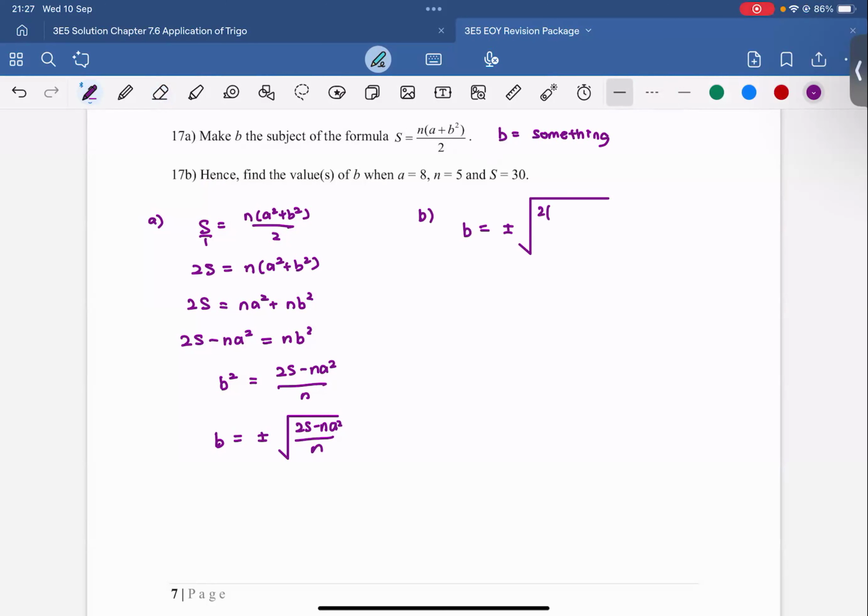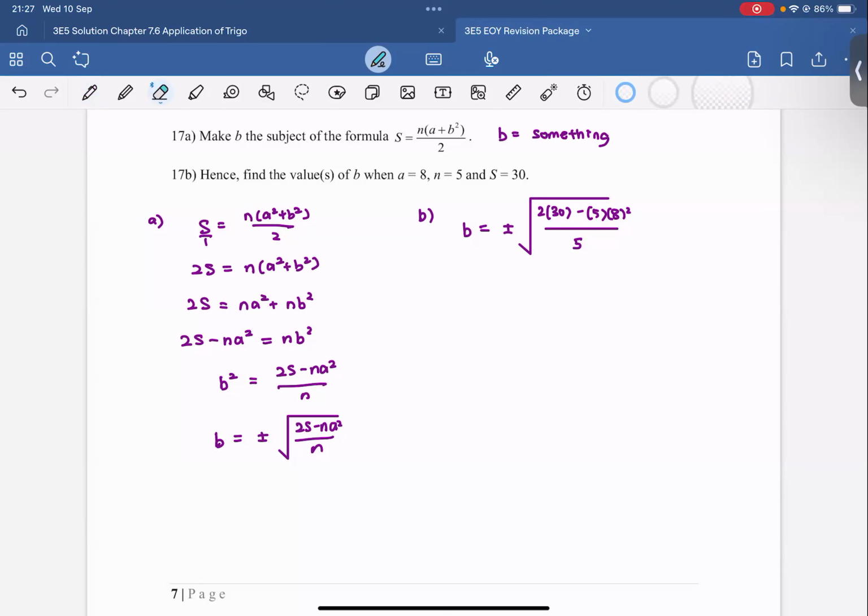So remember to draw bracket when you substitute. Okay, then this is just what? Press calculator. So why the A suddenly got square one? Don't have.